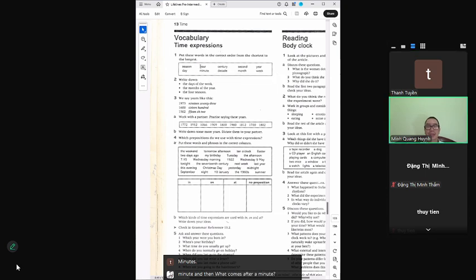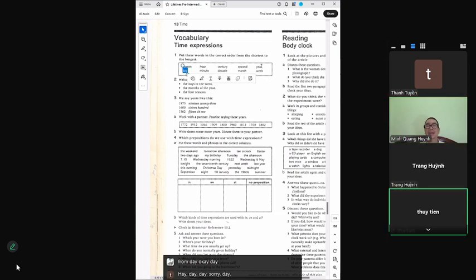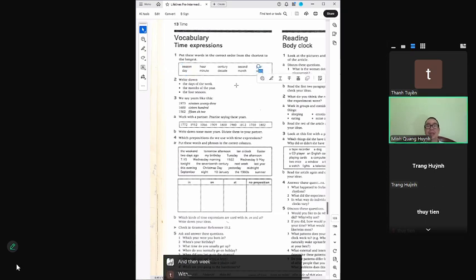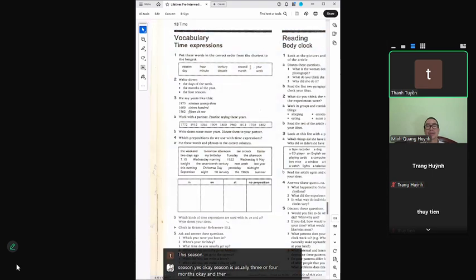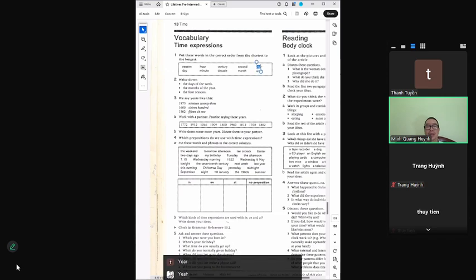Hour. Okay, good. And then? Day. Sorry, day. Okay. Day, and then week. Very good. And then month. And then season. Season is usually 3 or 4 months. Okay. And then year. Yes. Okay. And what comes after year?